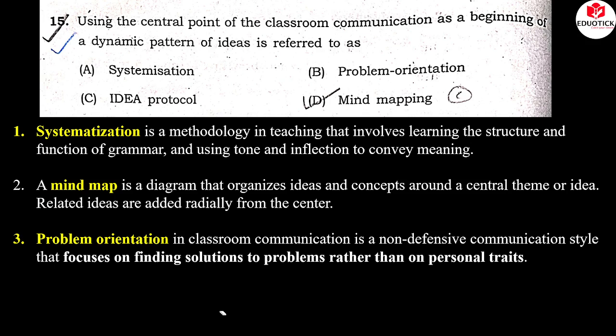Then you will try to find the solution taking everyone's ideas, rather than personal traits, like I put in some efforts and everyone will give their inputs to solve the problem. So this is the problem orientation in classroom communication.